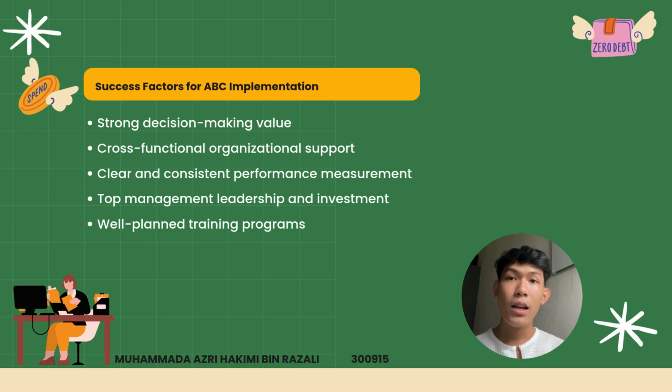For the last, leadership from top management, both in terms of resource commitment and strategic alignment, greatly increases the chance of success. When leaders champion ABC and communicate its benefits, adoption becomes a shared organizational goal.